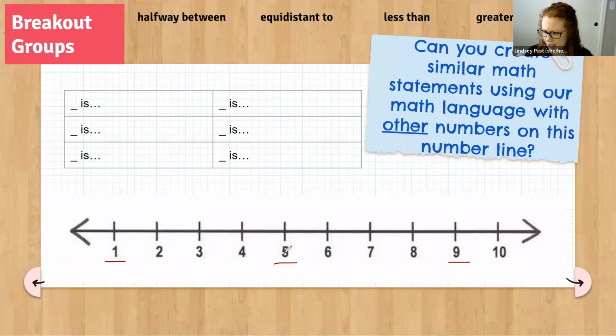So 5 is how many whole numbers away from 1? 4 whole numbers. And how many whole numbers away from 9? 4. So it is equidistant. 10 is greater than all the other numbers.